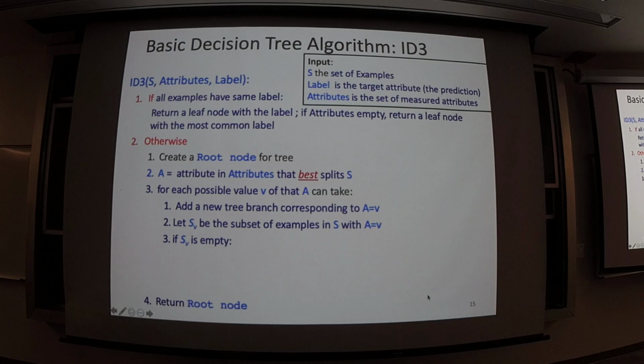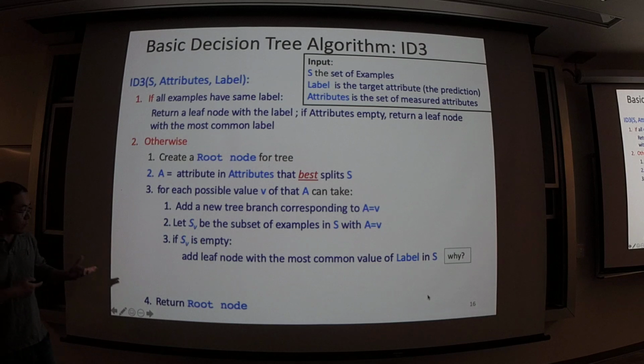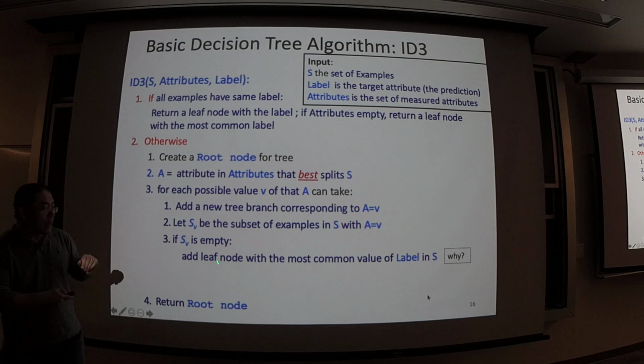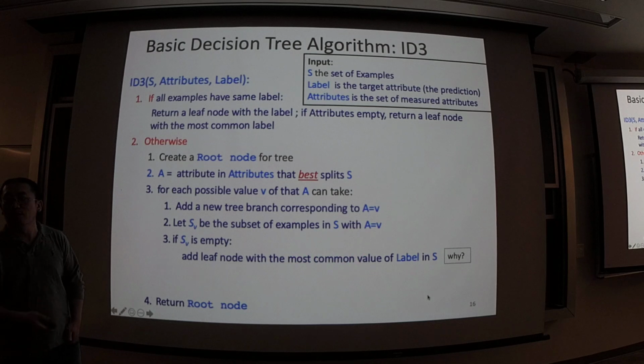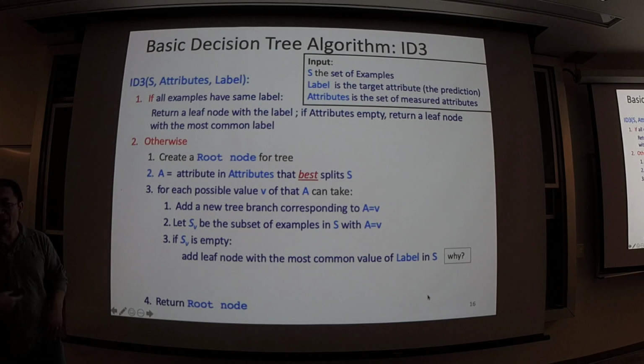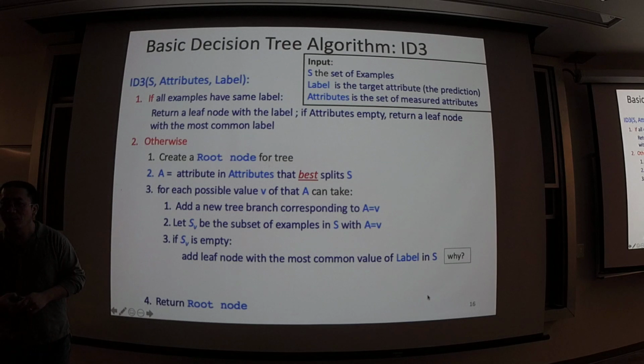Yeah, that's one strategy, but there could be some problem with that. So let me tell you the solution first. Even if SV is empty, I'm going to add a leaf node, and the leaf node will use the most common label in S.